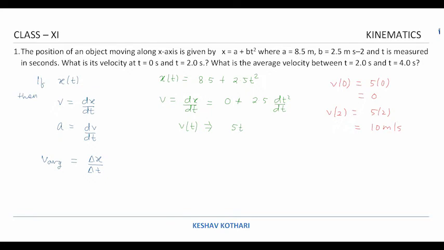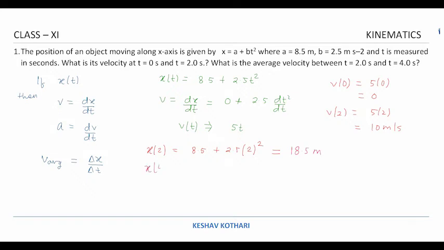Now the next question which is asked is the average velocity between t equals 2 second and t equals 4 second. So if I locate the position of the particle at t equals 2 seconds, it will be 8.5 plus 2.5 times 2 square. So 2 squared is 4, times 2.5 plus 8.5, and then we obtain 18.5 meter at t equals 2 second.